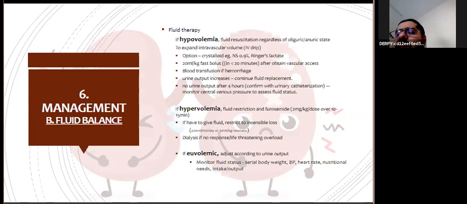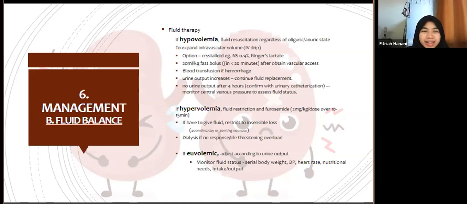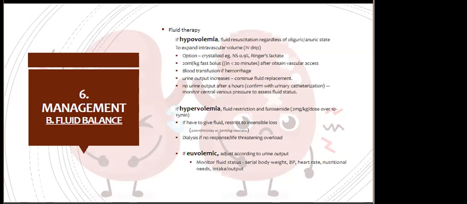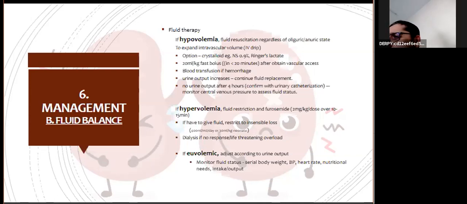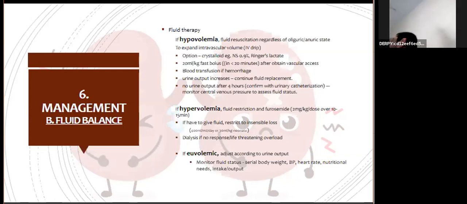So how to calculate the surface area? Open question. Yes, if we take the height and weight, the square root of weight times height over 3,600. Very good, it is correct.